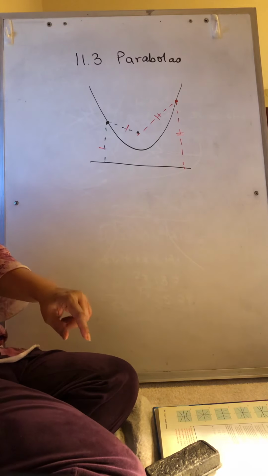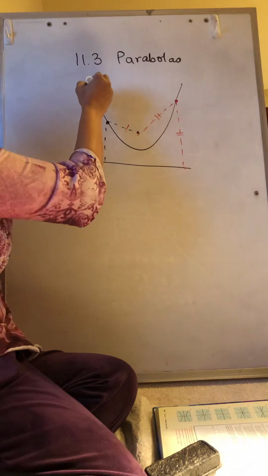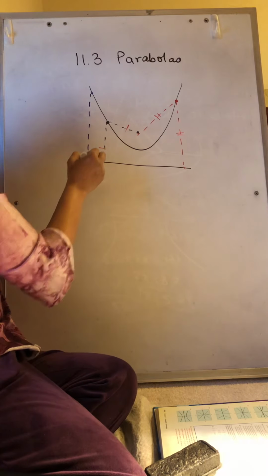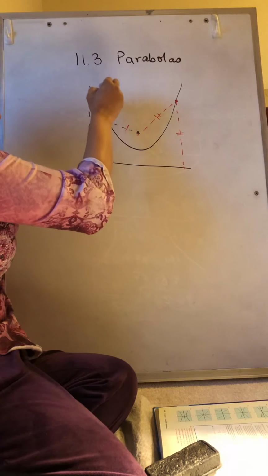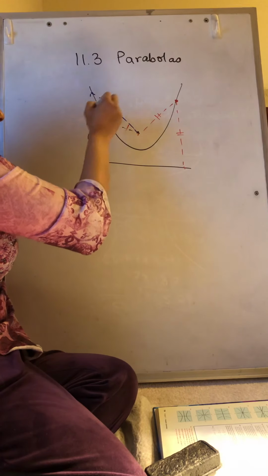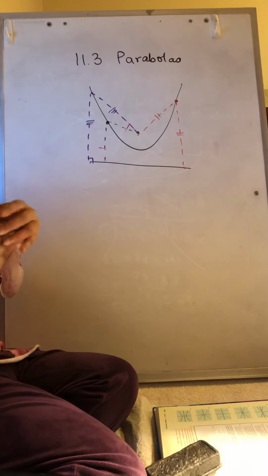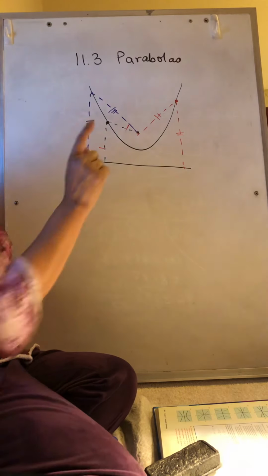If I take another point here, the distance to the line, which is a perpendicular distance, and the distance to the point will be the same. So no matter what point I take on the parabola, there will be a fixed point.